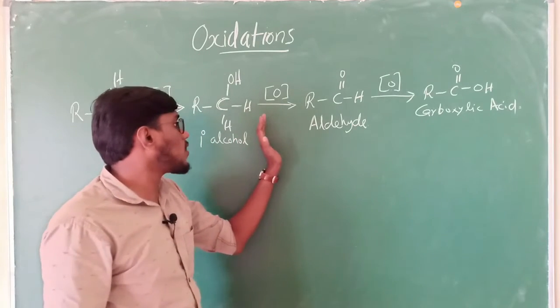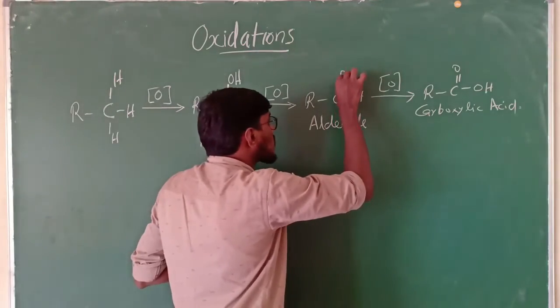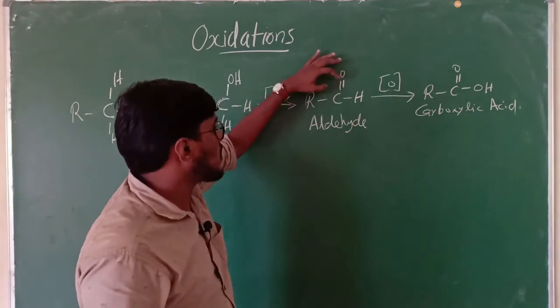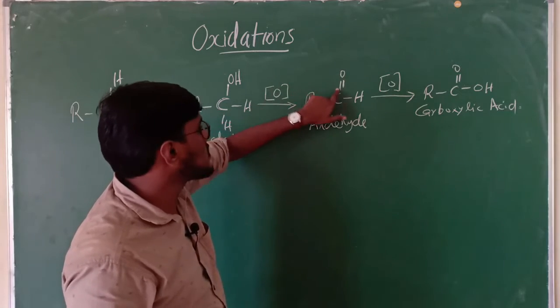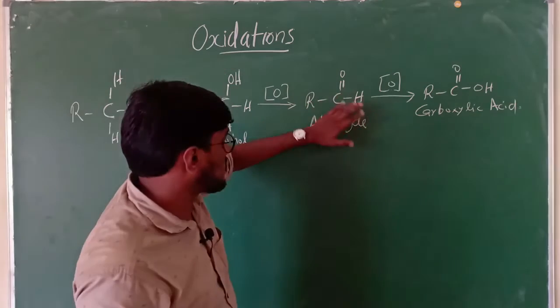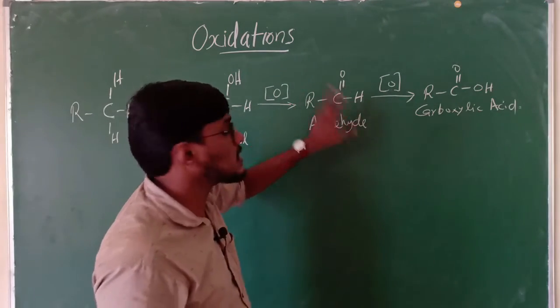Then this primary alcohol undergoes oxidation to form an aldehyde, where two carbon oxygen bonds are formed, that means carbon double bond O. That means there are two carbon oxygen bonds in the aldehyde.